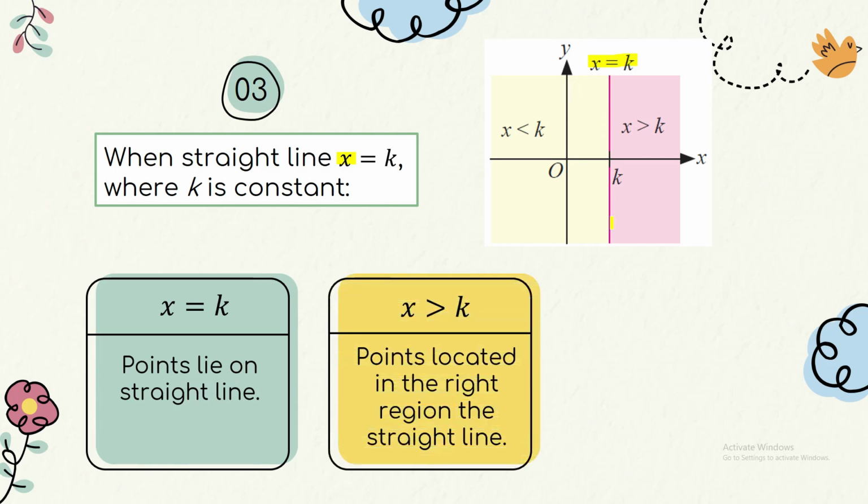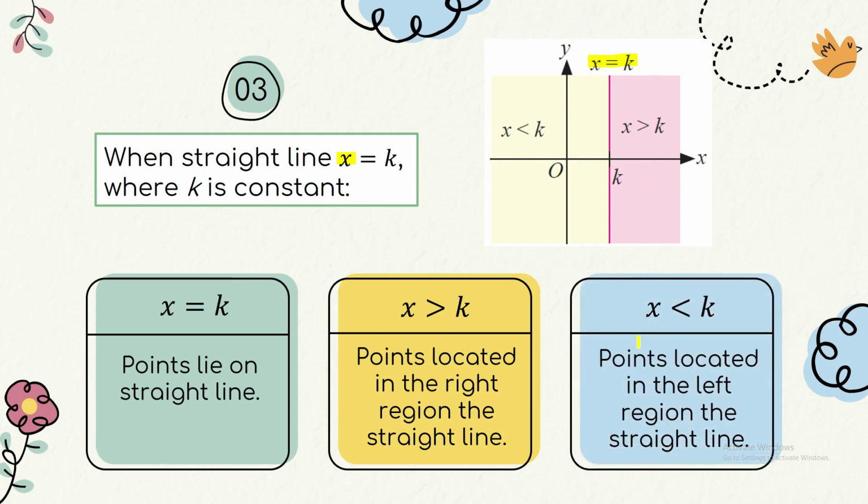Then if x is higher than k, the points will be located in the right region of the straight line, which is the pink part here. And x lower than k, where all the points are located in the left region of the straight line.